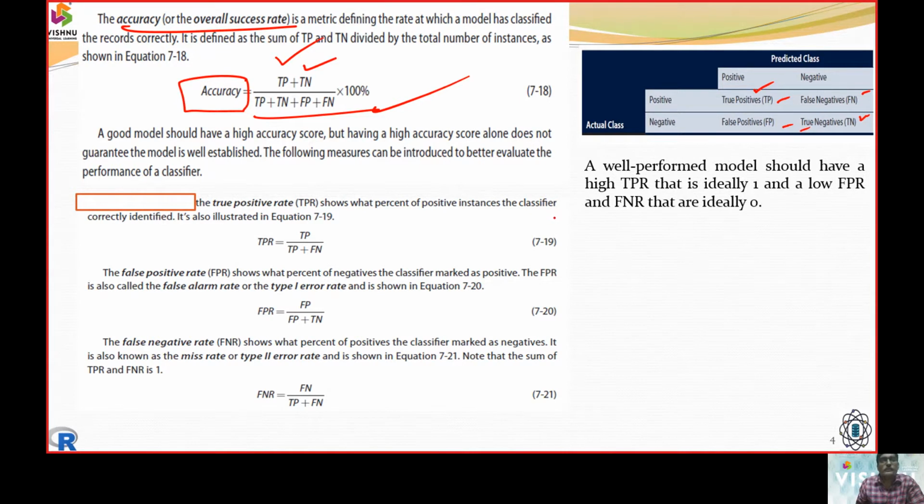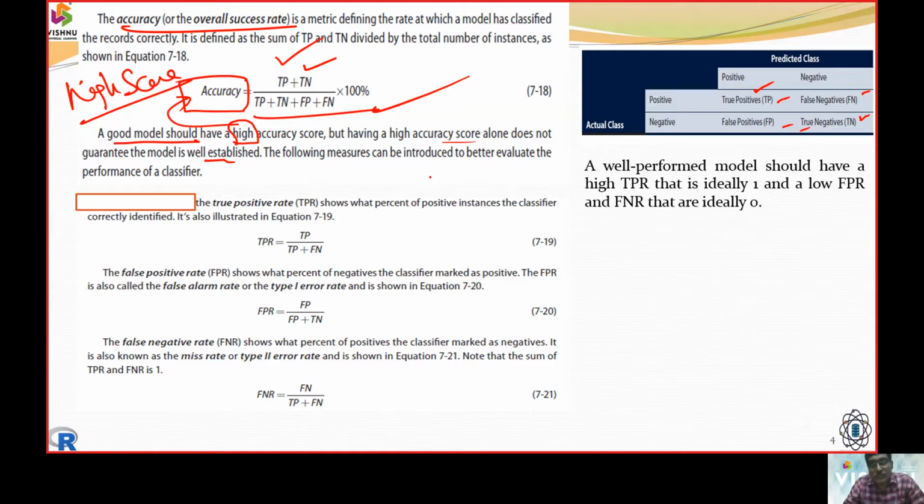Now, when I get this accuracy value, I will say that the model is performing well. How can I say? When I get a high score, then we can say that the model is giving well established content.